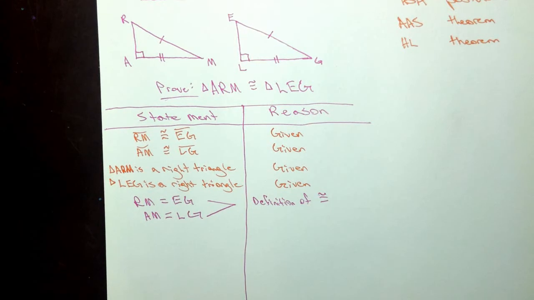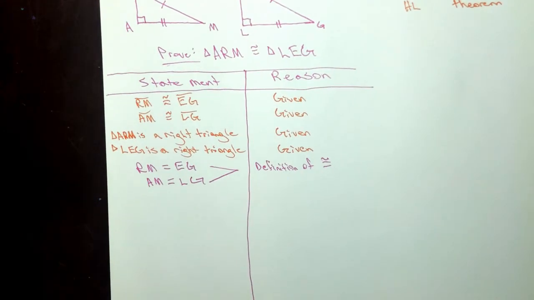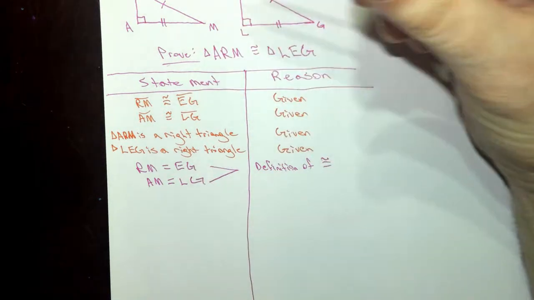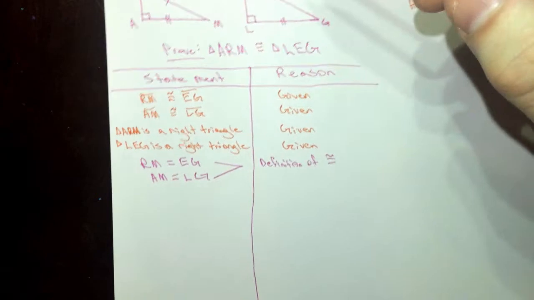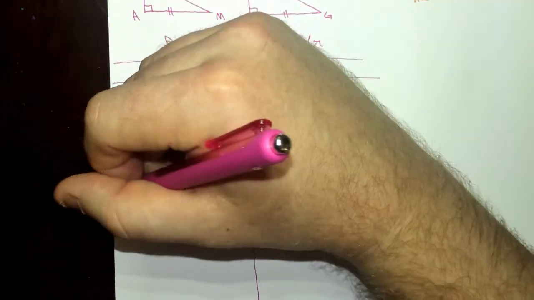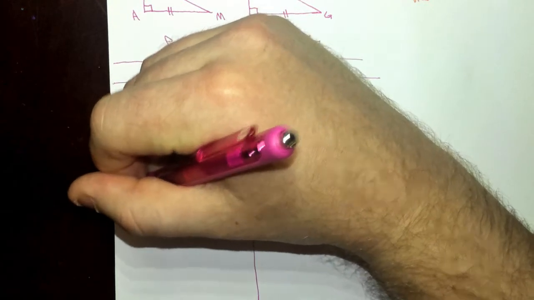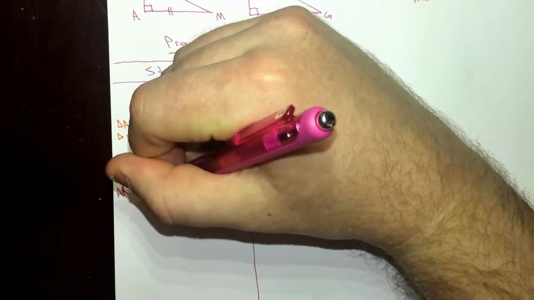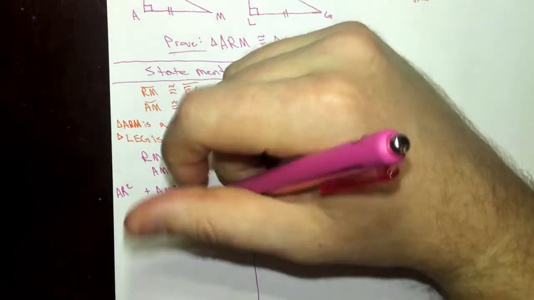That's the definition there. The next statement that I want to make is based off the fact that these are right triangles. I can use the Pythagorean theorem on their side lengths. So I could say that AR squared plus AM squared is equal to RM squared.